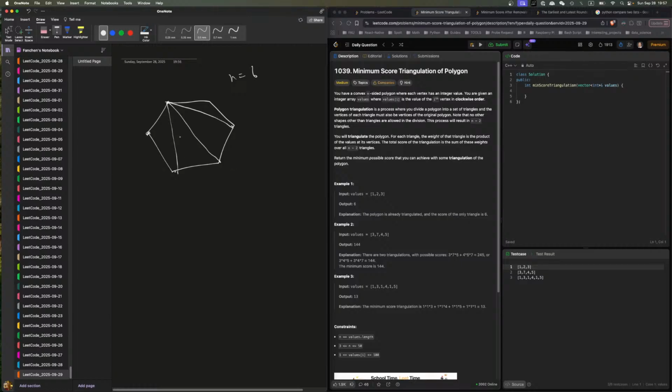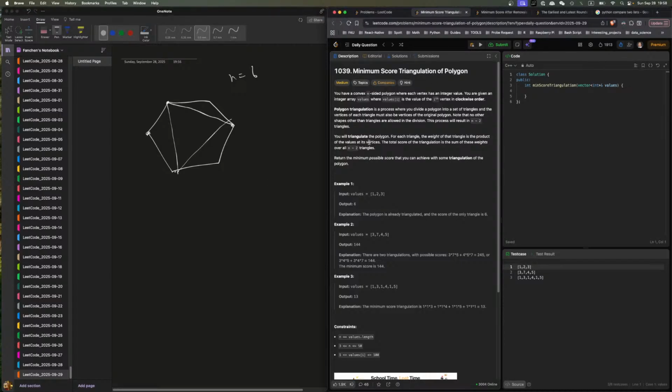And I think it also means the triangles cannot cross, right? Which means if we don't do it this way, say we do it this way, that's the only other way. Yeah, 1, 2, 3, 4, you have 4. You divide the polygon into a set of triangles, and this process is how you triangulate the polygon.